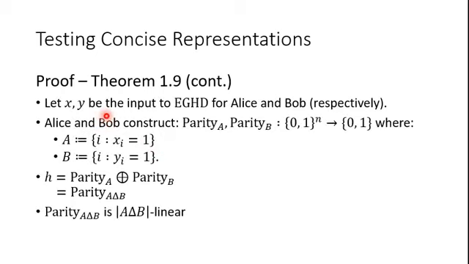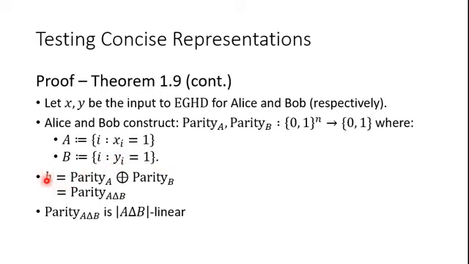So let x and y be the input to EGHD for Alice and Bob respectively. They construct the parity functions using these sets. Alice has parity A from {0,1}^n to {0,1} over indices i such that x_i equals 1. Bob does something very similar: he constructs the parity function on the set B, again with indices such that y_i equals 1.